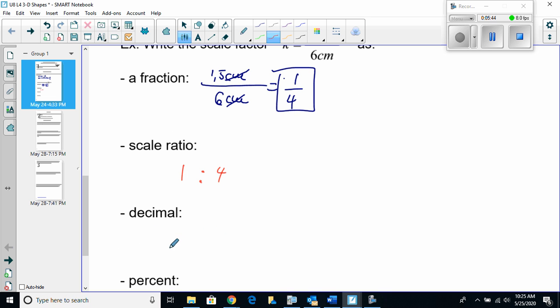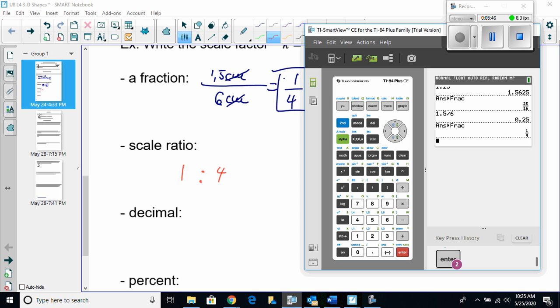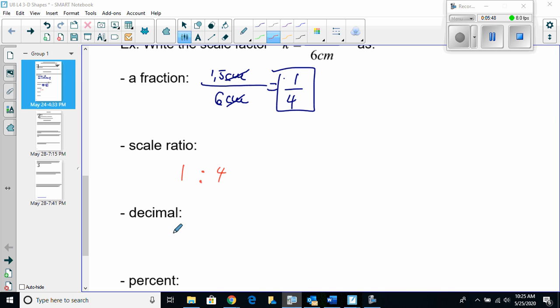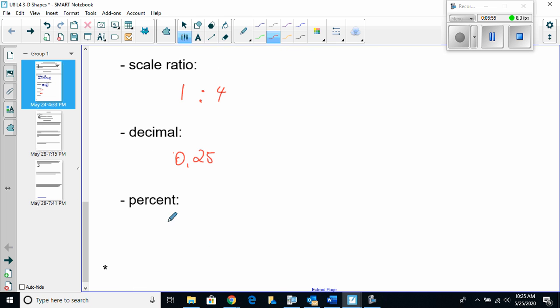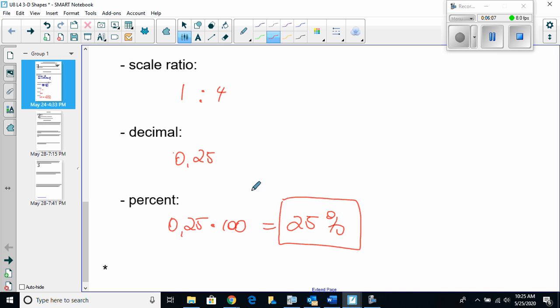As a decimal, as we saw from the calculator, it is 0.25. And as a percentage, it is 0.25 times 100, which is 25%. Okay, so this was kind of a review.